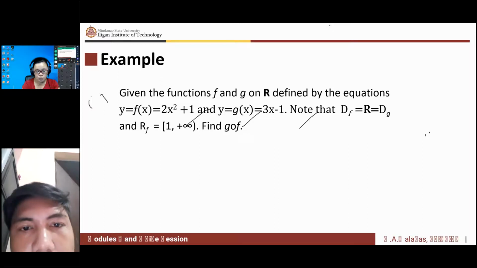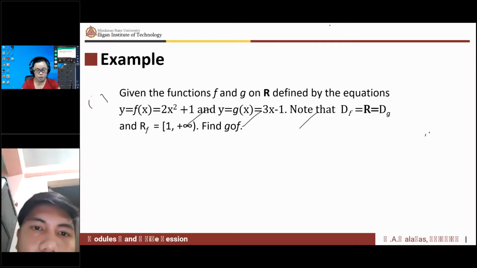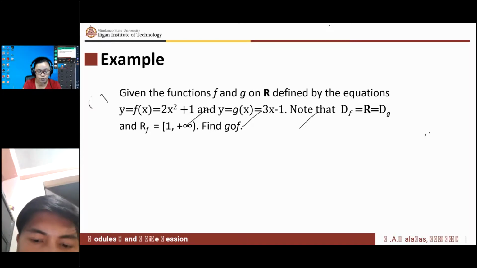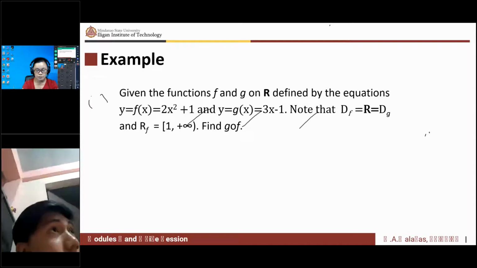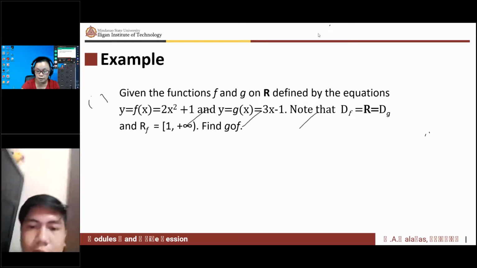If you look at the range of the function f, we don't have much time, we still have to go to graph sketching. If you look at the form, you can see that the range of f is the interval from 1 to positive infinity. Now we find the composite function g circle f.